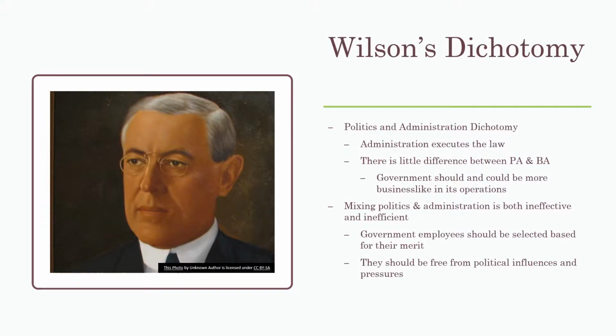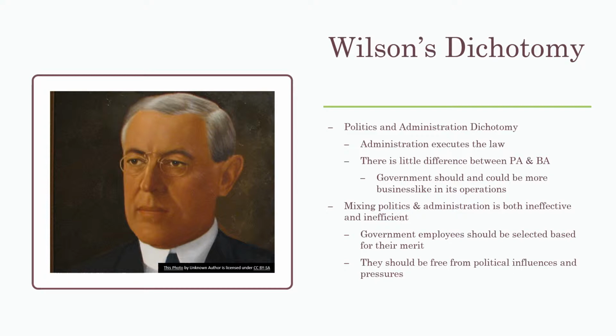Hi everyone, on this slide I'm just going to be talking about Wilson's dichotomy. It's just managing the affairs of the state, implementing a variety of politics. PA was born out of political sciences, and PA and political sciences till this day still have their differences.